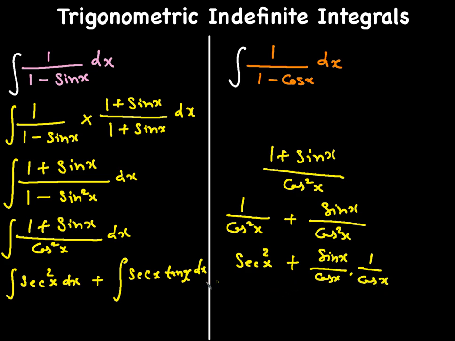Sine x over cos x gives me tangent x, and 1 over cos x gives me secant x. All right, I think you guys can do it by yourself. Let me erase it using my eraser.